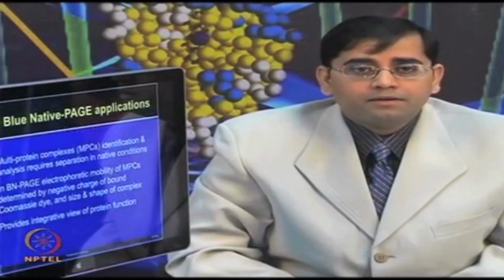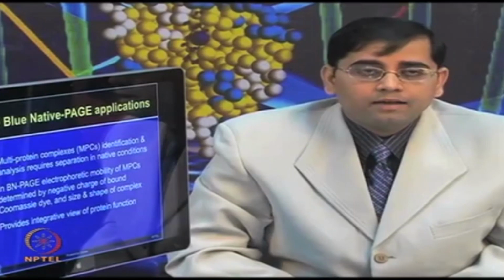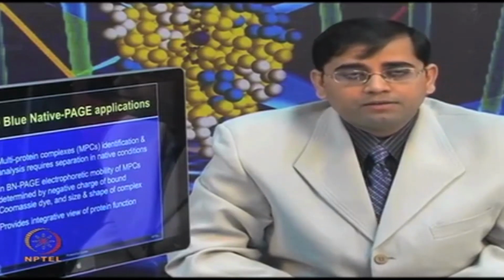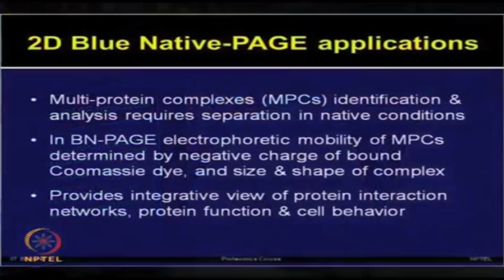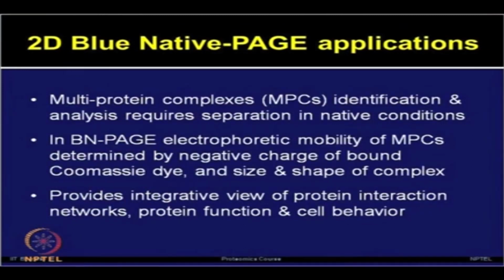People apply 2D blue native PAGE for various applications, such as studying multi-protein complexes or MPCs. Identification of multi-protein complexes is not possible by using SDS PAGE or a denaturing environment. So, MPCs can be identified by using blue native PAGE.